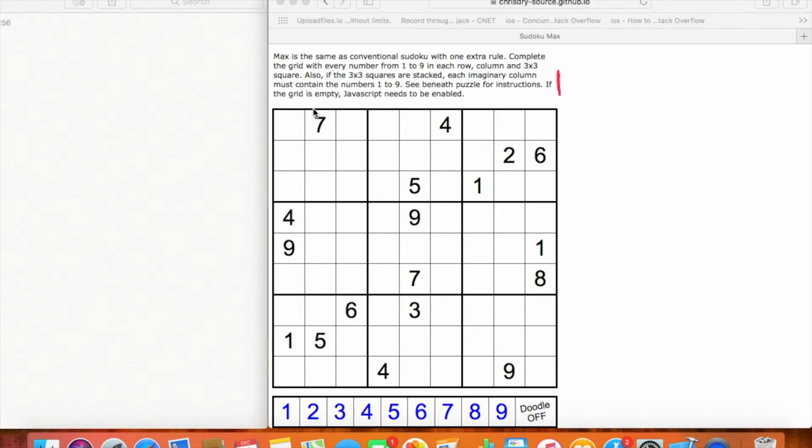What the rule essentially means is that if you take together the corresponding squares from each block, for example, the top left squares here, they must contain the numbers 1 to 9. Or the top right squares, and of course there are 9 of them, must contain the numbers 1 to 9, and so on. But the proof of the puzzle is in the solving.